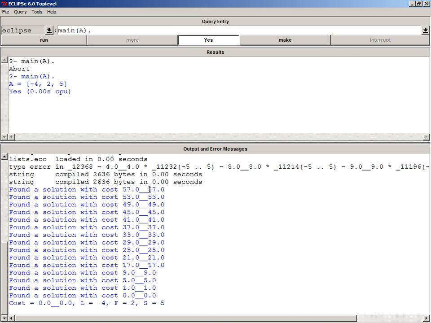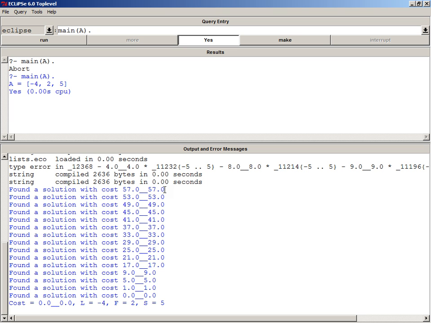So as soon as you find a solution that has a higher cost, that's worse. To prevent that and to be efficient, once the system has found this solution, it injects the constraint in the system that cost should be less than 57. The existence of such a constraint triggers a propagation process and shrinks the domains of all the variables, hopefully.